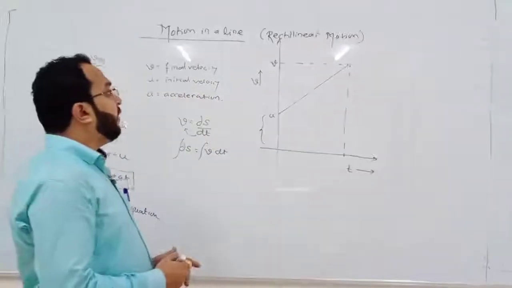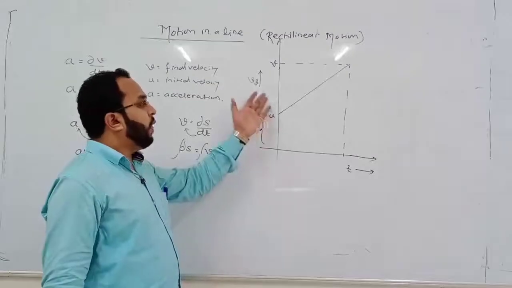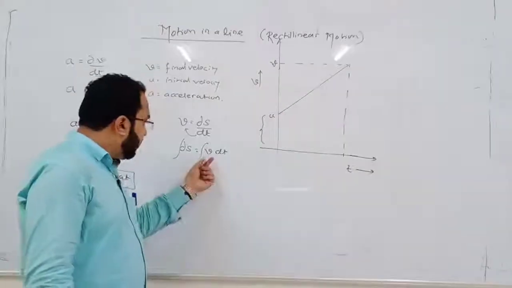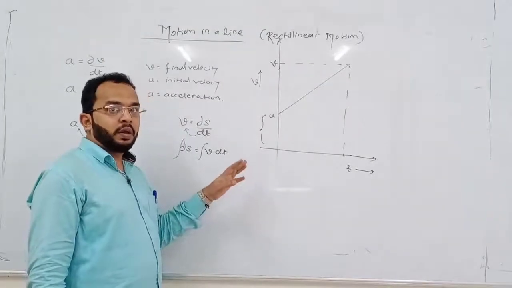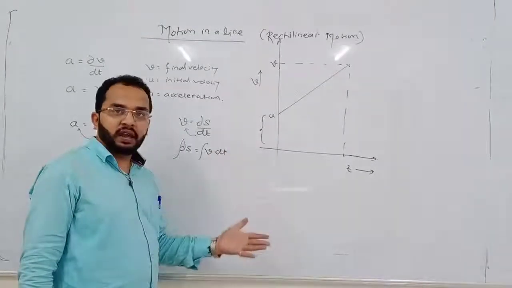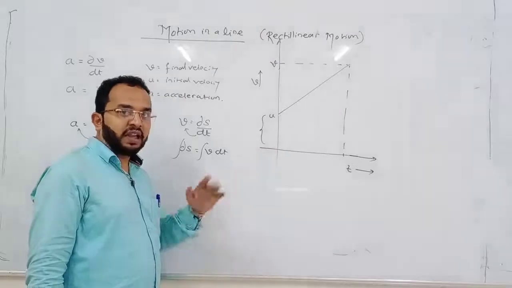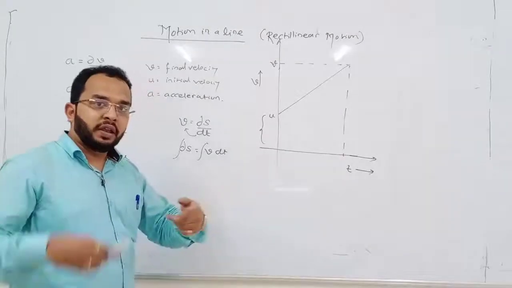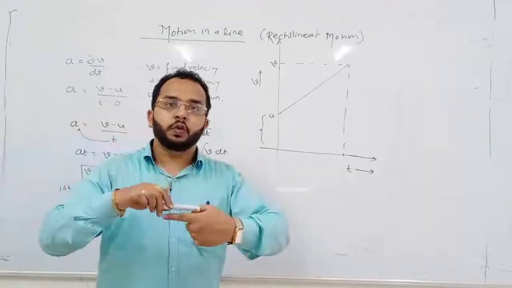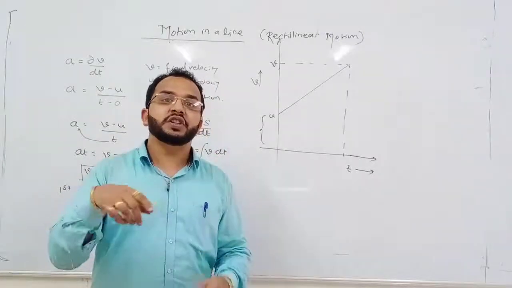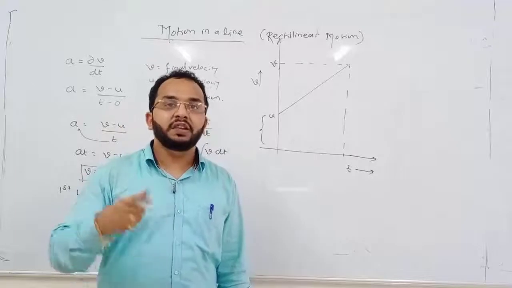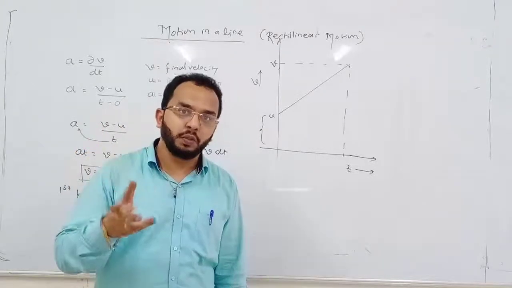So if we take the area under the velocity versus time curve, that means the product of velocity into time. Area is a product, meaning what? Length into breadth into height, x into y. The product of two dimensions gives the area. The product of three dimensions gives the volume. Length into breadth into height gives volume.